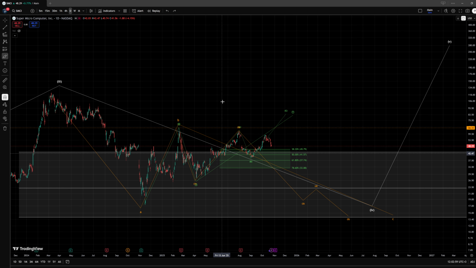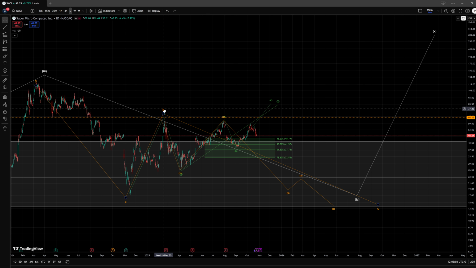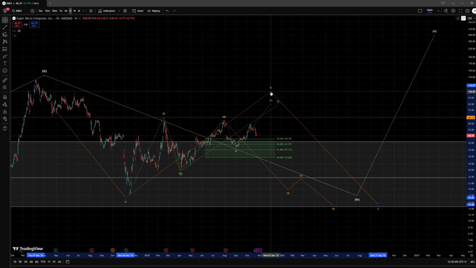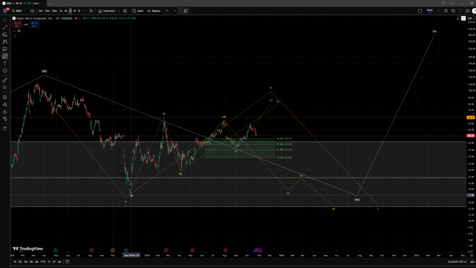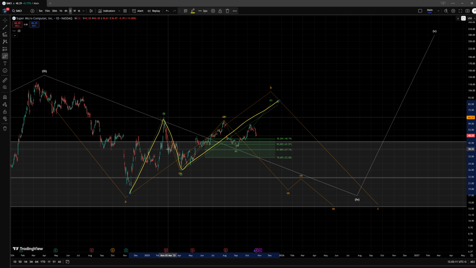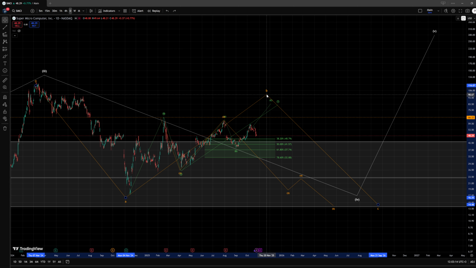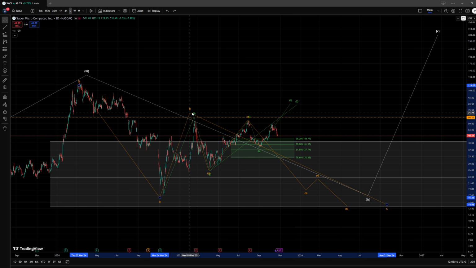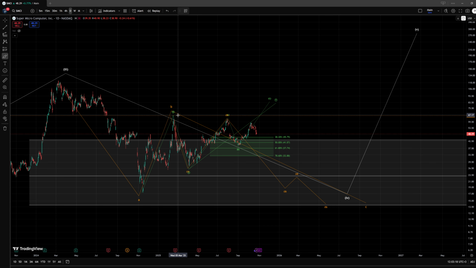That is also a realistic possibility. And we also have the green interpretation, which allows for a reset here within the wave B. In that case, this could be seen as something like a WXY pattern developing in this area, and we could see a reset. But we first need to actually break above this top to consider that this is going to happen.